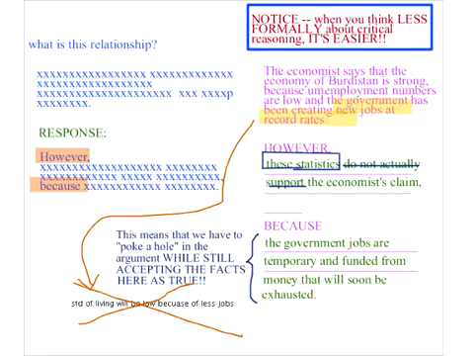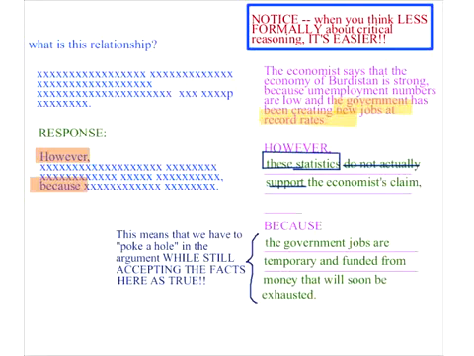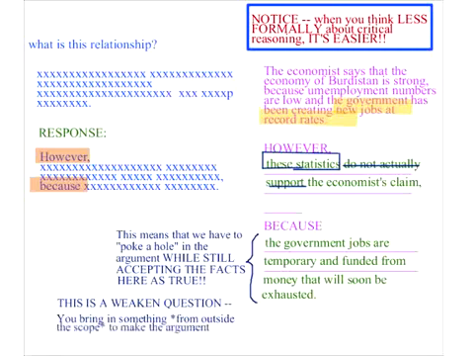So this is how weaken questions work. You have to bring in something from outside the scope to make the argument weaker.